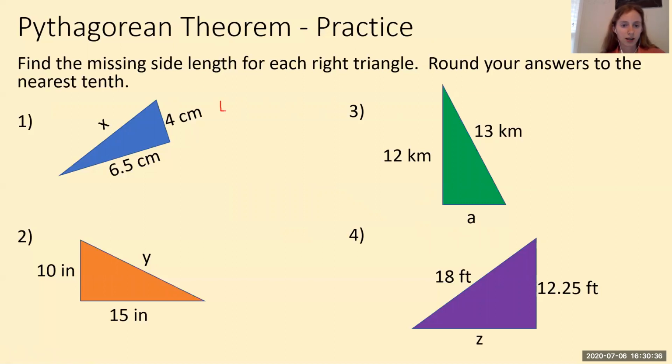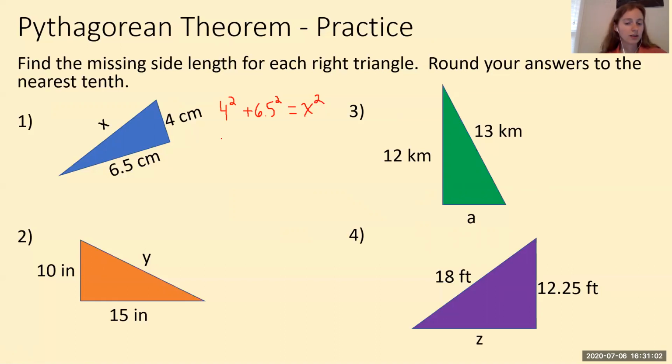So I know my 2 legs, got 4 squared plus 6.5 squared. And that's going to equal my missing side squared, my missing hypotenuse squared. In this problem, it's labeled as x, so x squared.